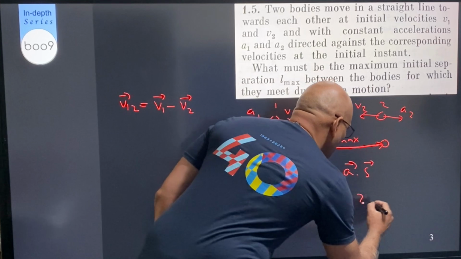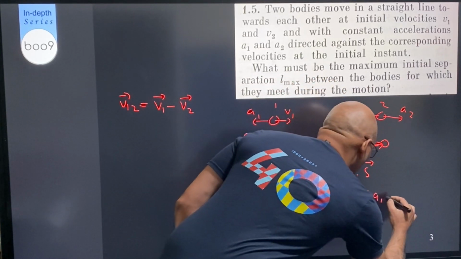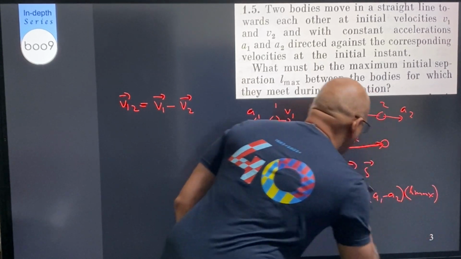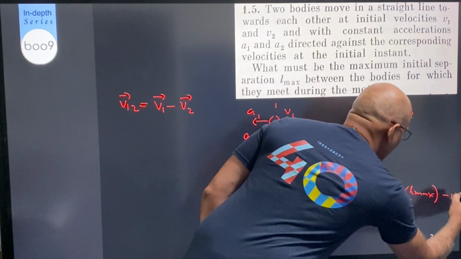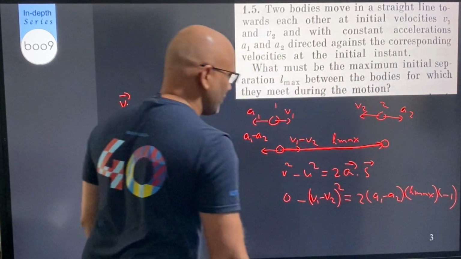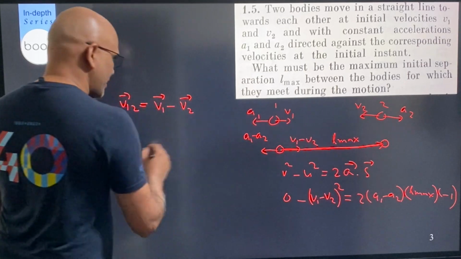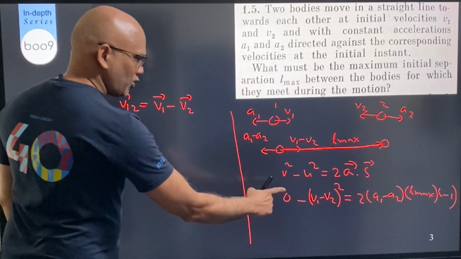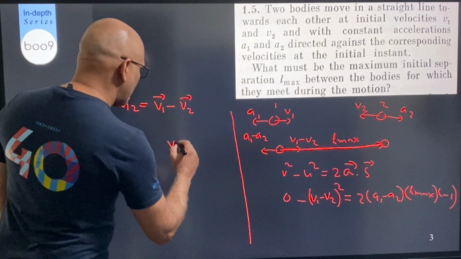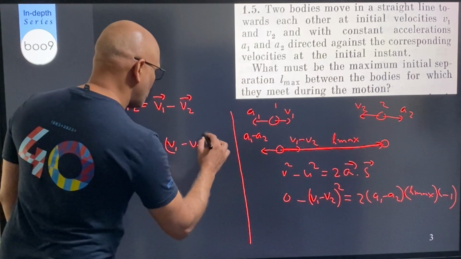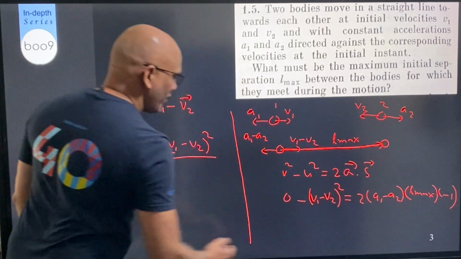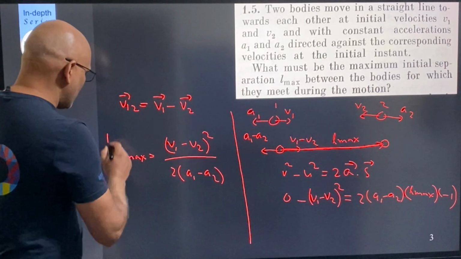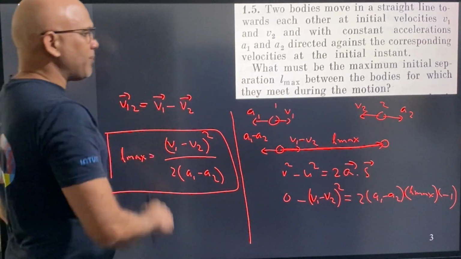So it's going to be 2, a is going to be a1 minus a2, s is going to be L max, and cosine 180 degrees is negative 1 like last time. So negative and negative will be positive. This gives me L max is going to be (v1 minus v2) squared divided by 2(a1 minus a2), right? So this is what I get using relative motion.